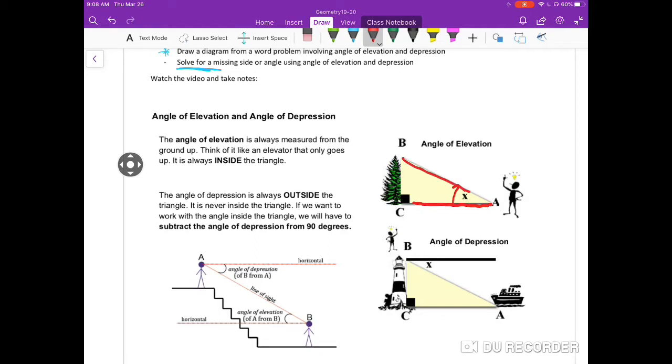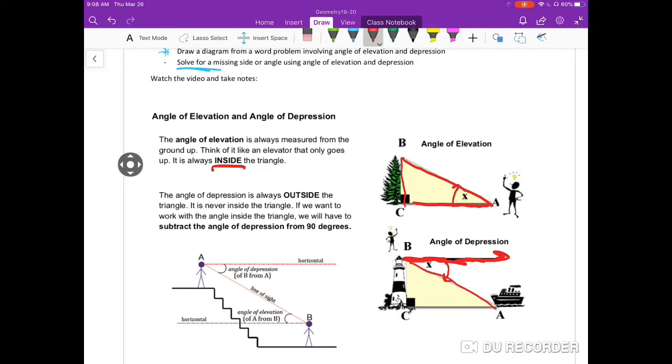That's your angle of elevation, and that's where the triangle gets made. It's always on the inside of the triangle. The angle of depression is on the outside of the triangle. Think of it as eye level, and depression would be going downward.